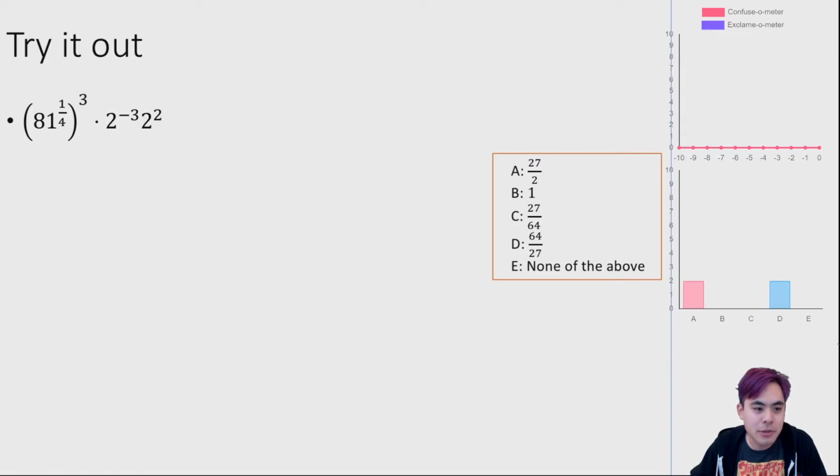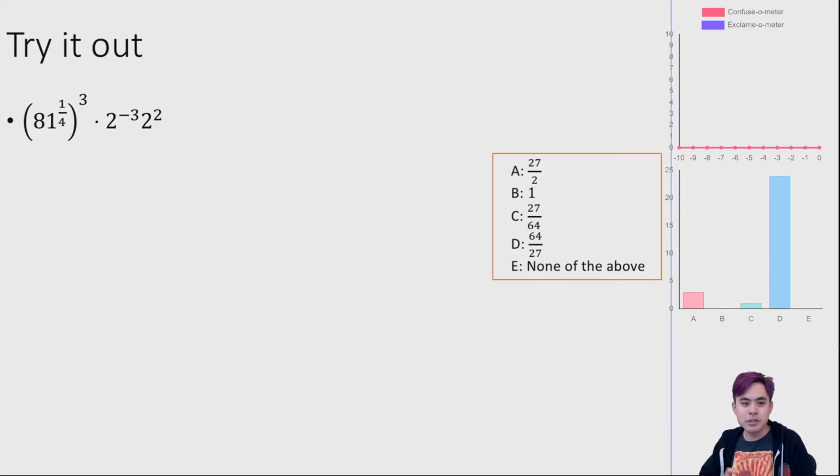People are starting to reply. We have some A's, we have some D's. Okay, we have a lot of these. C, a couple A's. Okay, so let's work this through together and see what happens.